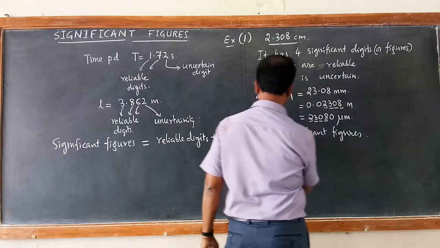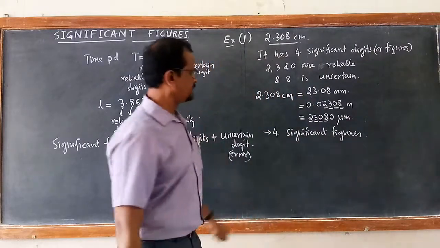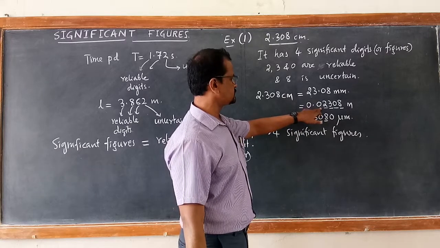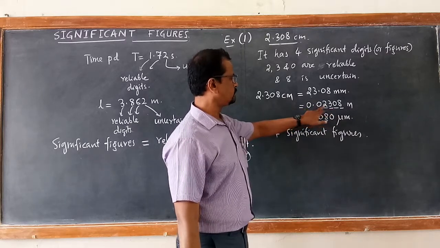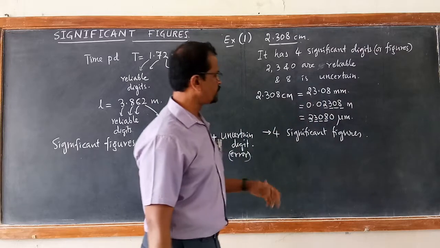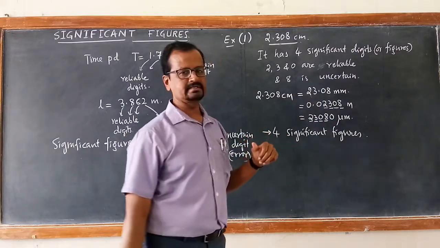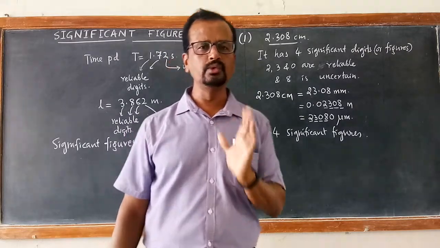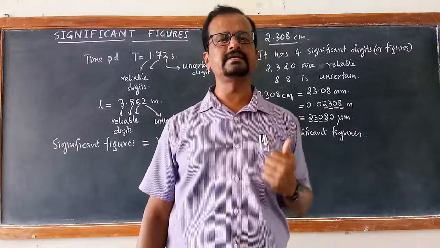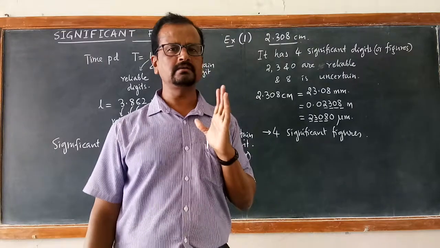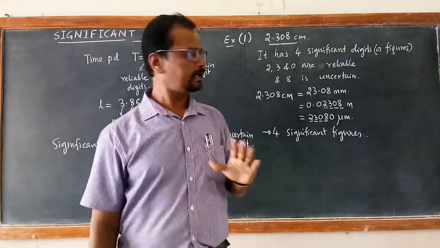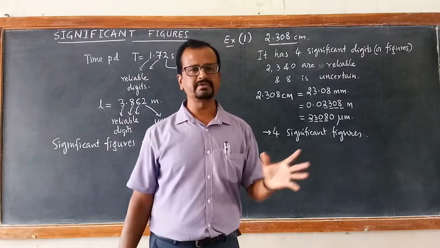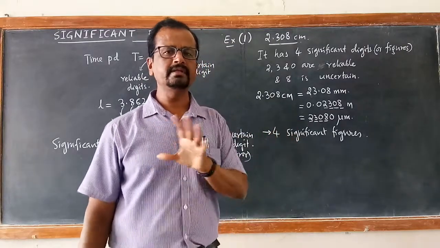How is that? Here it has 5 digits, 1, 2, 3, 4, 5. Still, how have we taken it as 4 significant figures? To understand this clearly, we need to follow the rules to find the significant figures. Let us learn the rules one by one so that the ambiguity or confusion about significant figures will be clear.